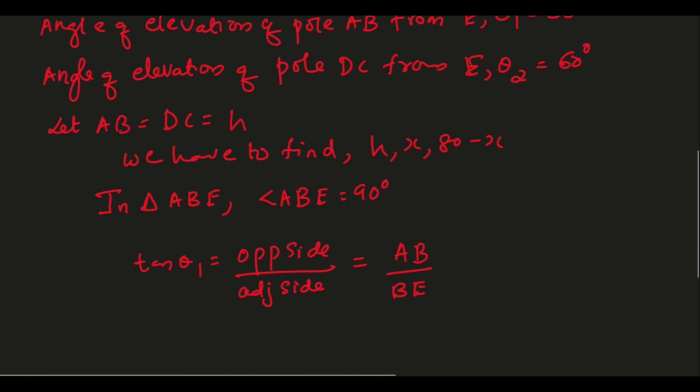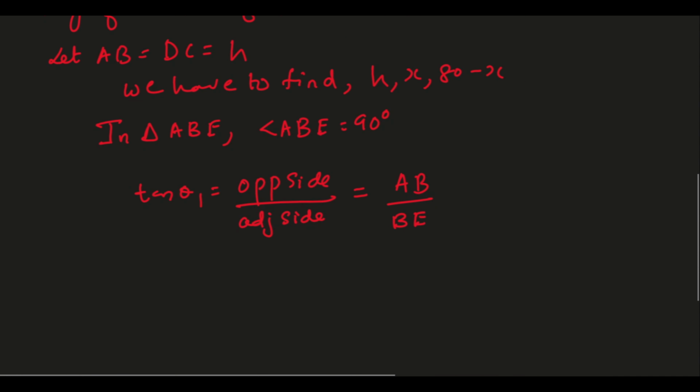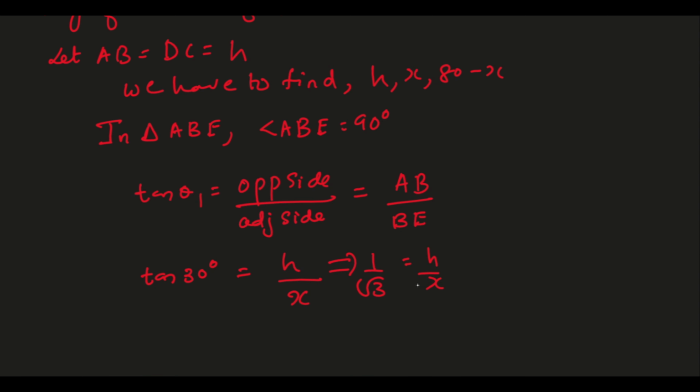Let's substitute the values. So we get tan 30 degrees is equal to AB is H and BE is x. This implies that 1 by root 3 is equal to H by x.